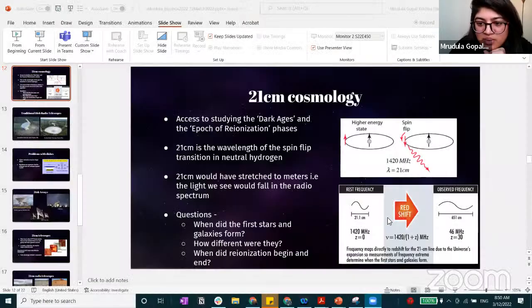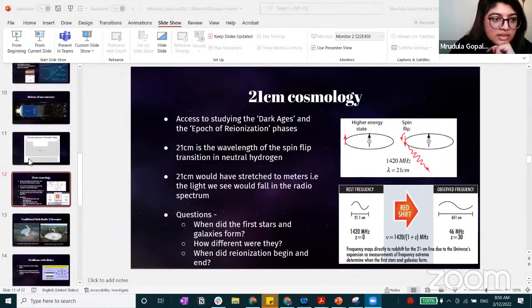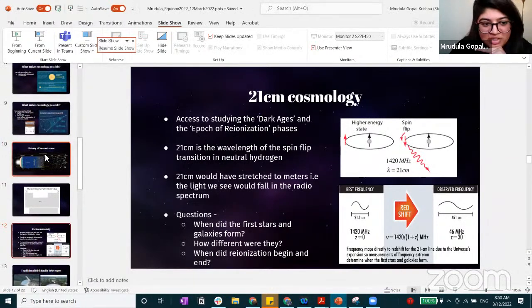Let me check. I think it was a reference to this formula where we say 1 plus redshift, but I'm not entirely sure about that.